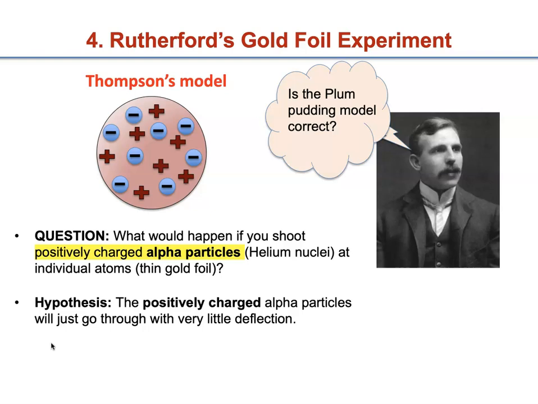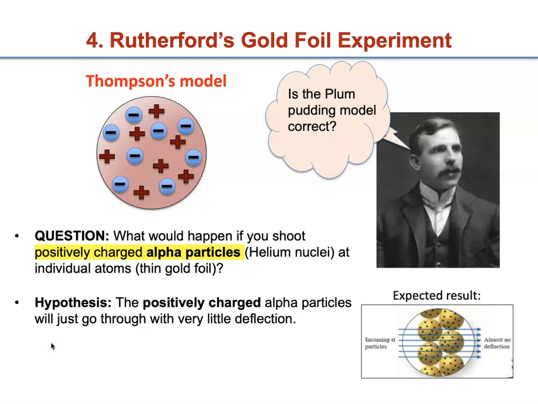So his hypothesis was that most of the alpha particles, the positively charged particles, should go right through the gold atoms as shown over here, if Thomson's model was correct. And there would be hardly any deflections where these particles would come right back at him.